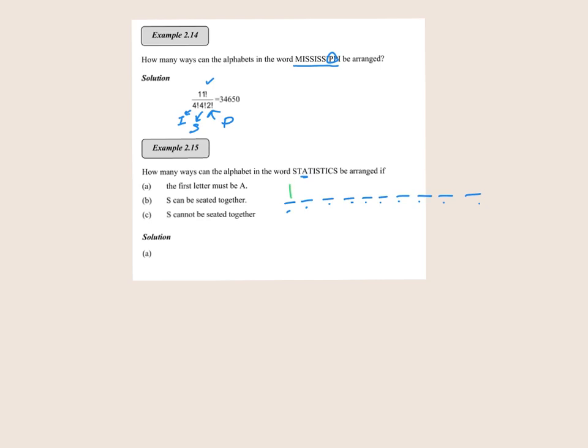The remaining you need to multiply, so after 10 minus 1, you get 9 remaining letters factorial, divided by the repeated ones: we have 3 S, 3 T, and 2 I. Calculate it using a calculator and the answer would be 5040.